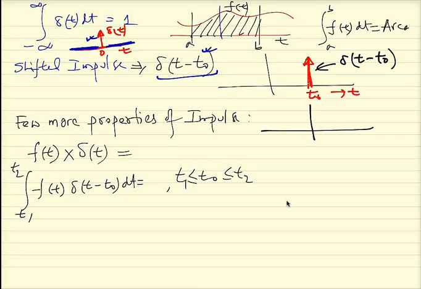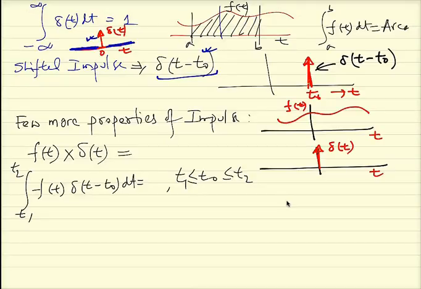Maybe this is your signal, f of t, and then you have a delta function, and this is delta t. This delta t is located at t equal to 0. If you multiply this delta t function with f of t, what should you get?